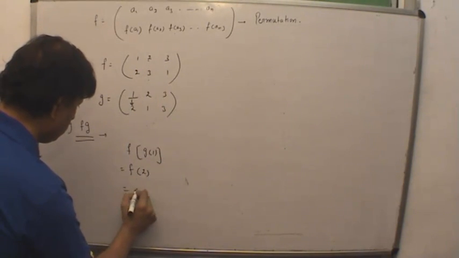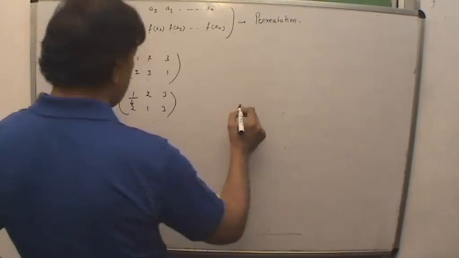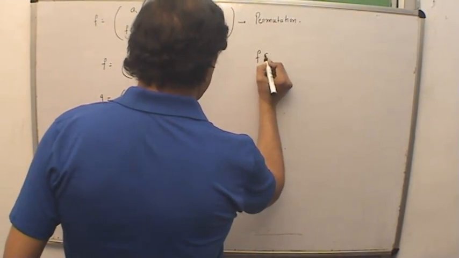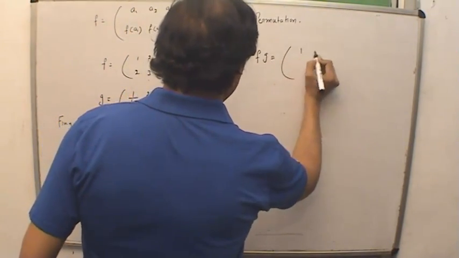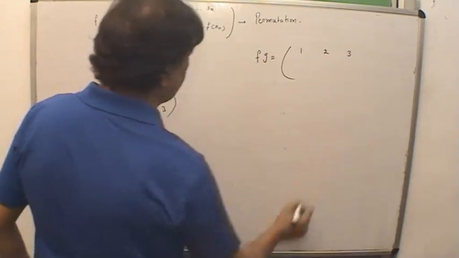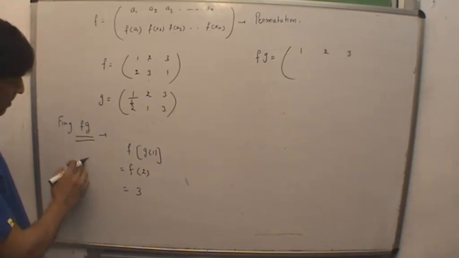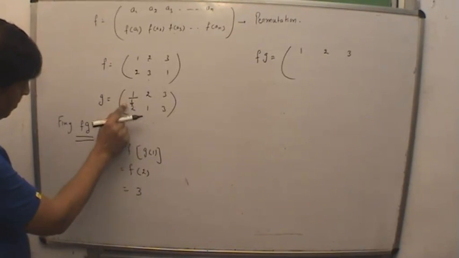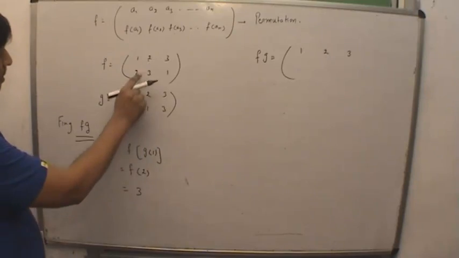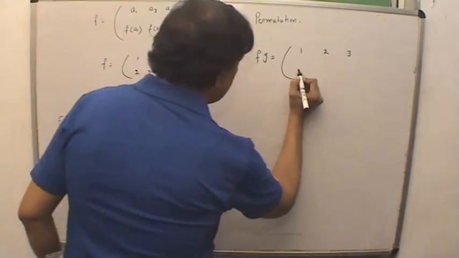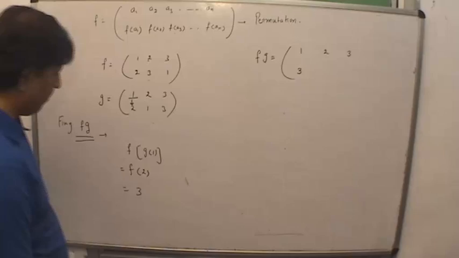That is equal to 3. So we can write f composition g, objects will remain always the same, 1 to 3. Image of 1 is 2 and here image of 2 is 3. We write 3 below 1.